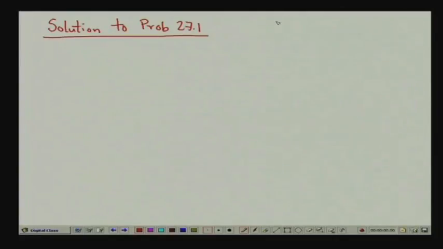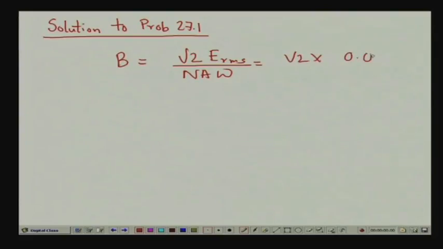It is given that B = √2 E_RMS / (N A ω), which gives √2 into 0.08 divided by 10 turns times the area.